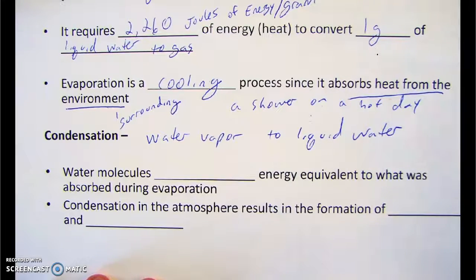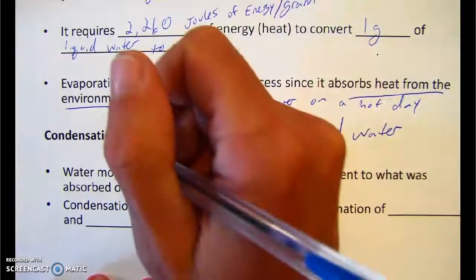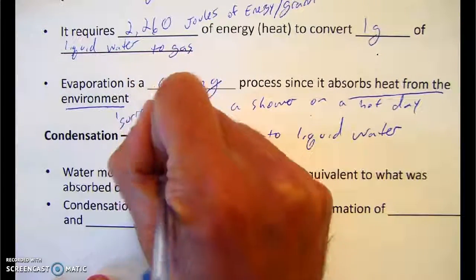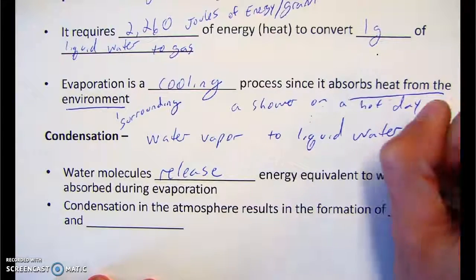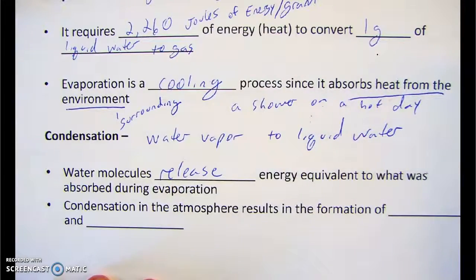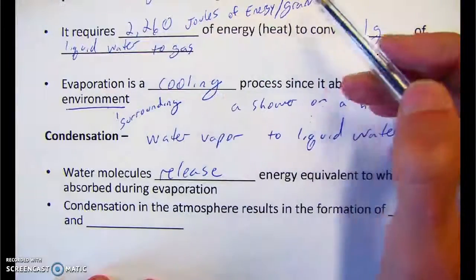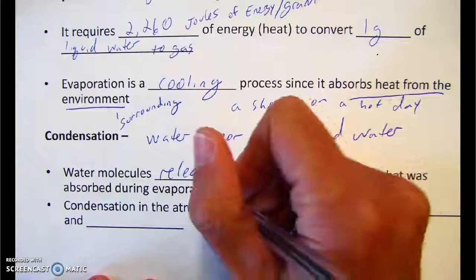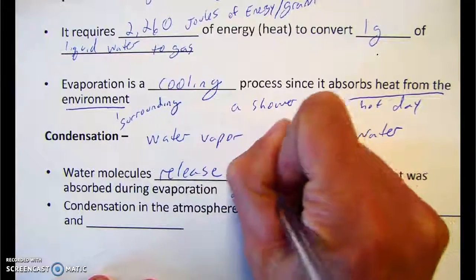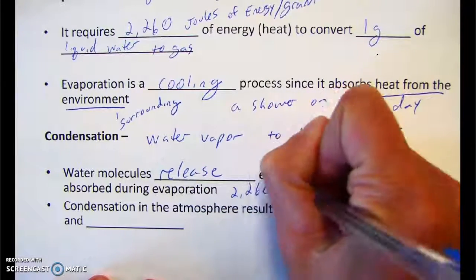Dew is a form of condensation. And in this case now, water molecules release energy equivalent to what was absorbed during evaporation. So if we had 2,260 joules of energy per gram of water being absorbed, we're going to be releasing the same amount when condensation takes place.